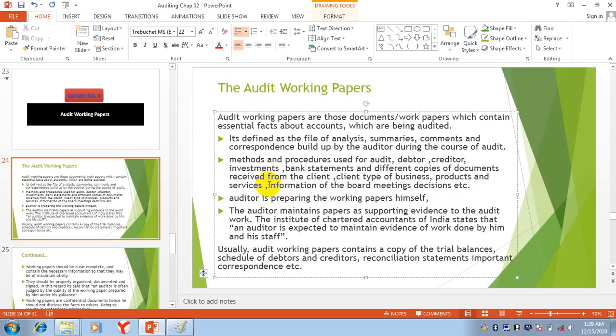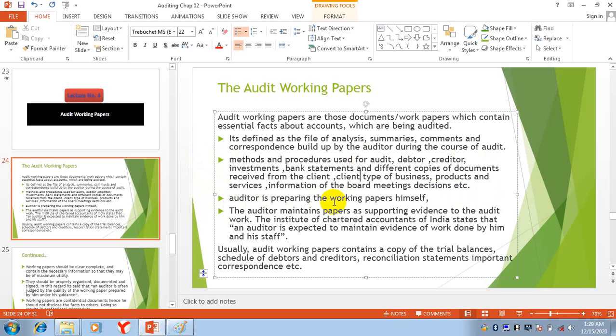Inside the company there are different meetings, so he gets information about the board meetings and the decisions taken by the board of directors. So he uses all these documents in the process of his audit. All these we call the working papers.